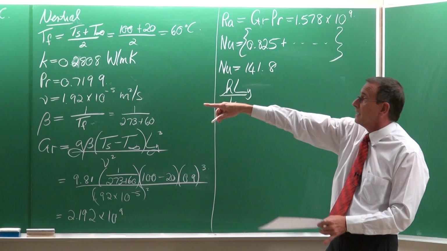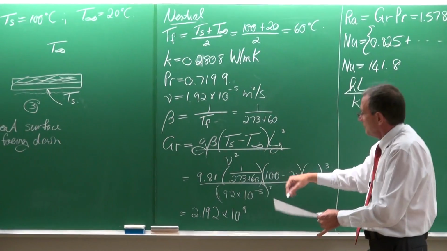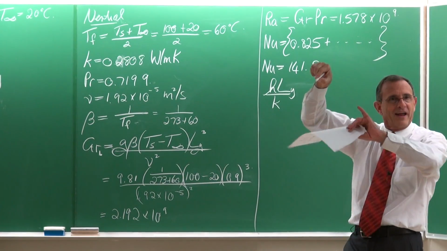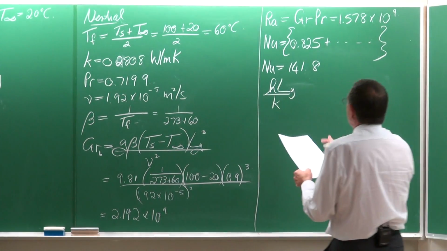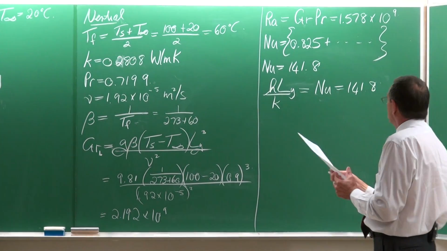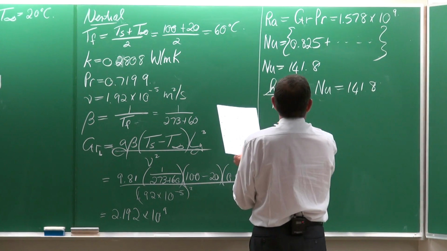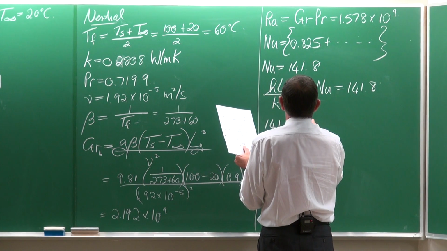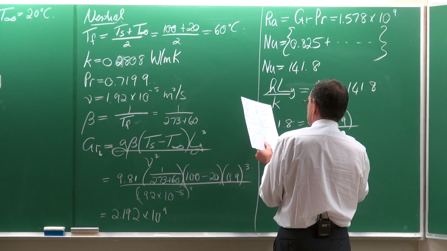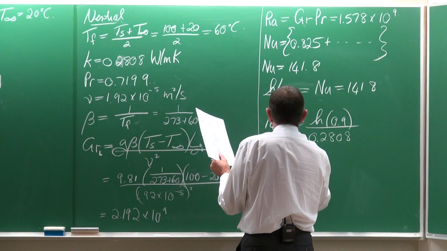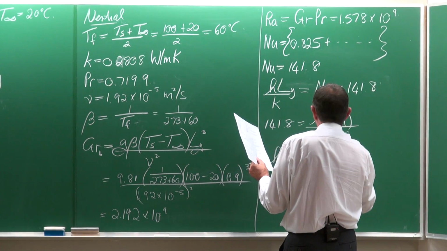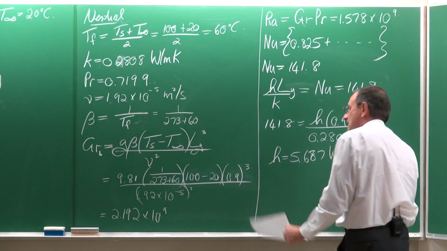Of course, the characteristic length that we have chosen for the Grashof number, based on the characteristic length L. So the Nusselt number, 141.8, is equal to the heat transfer coefficient multiplied by the length divided by the thermal conductivity, 0.2808, and that gives us the heat transfer coefficient as 5.687 watts per square meter degree Celsius.